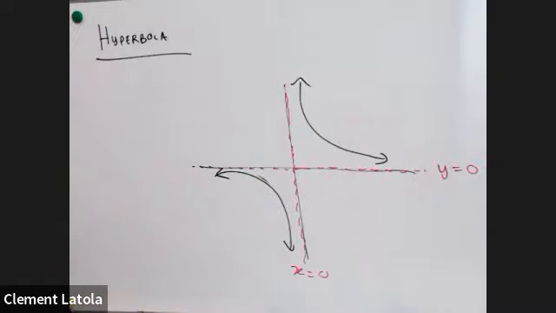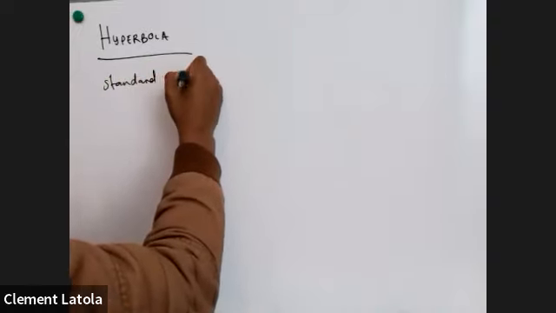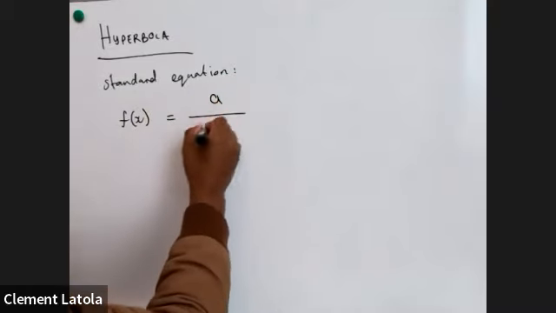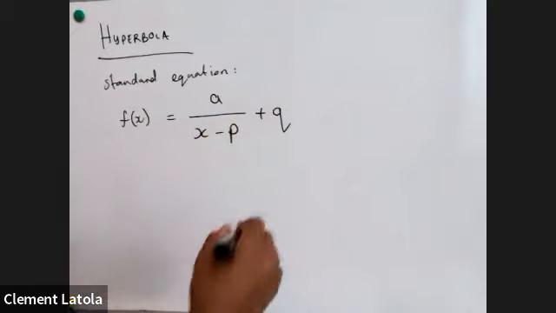Okay, but we're going to see what this x value's effect is on the graph. So let me give you the standard equation for a hyperbola. y is equal to a over x minus p plus q.